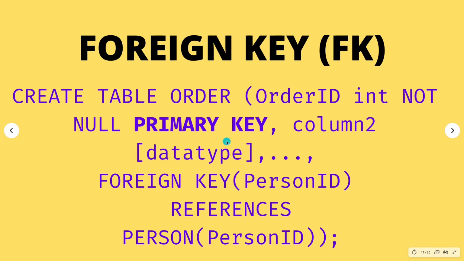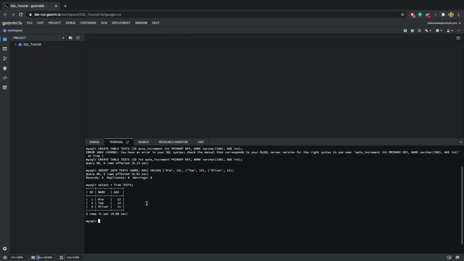So in the actual example, let's say we use the previous table that we have created, the test3 table. Let's create another table. So create table, let's do test4. Let's link test4 to test3. So in test4, what do we have?